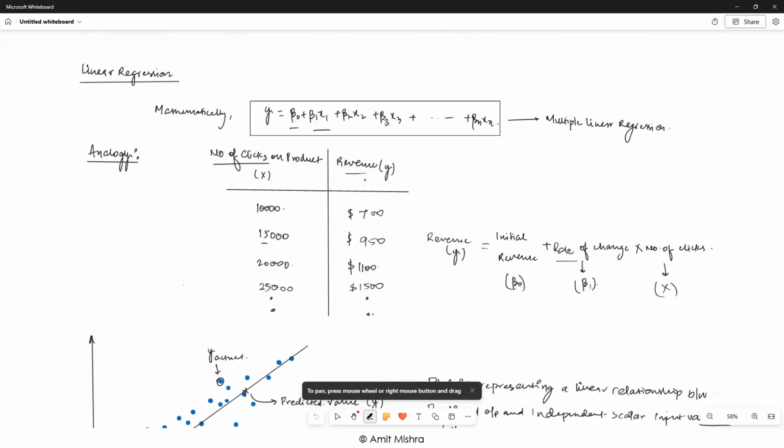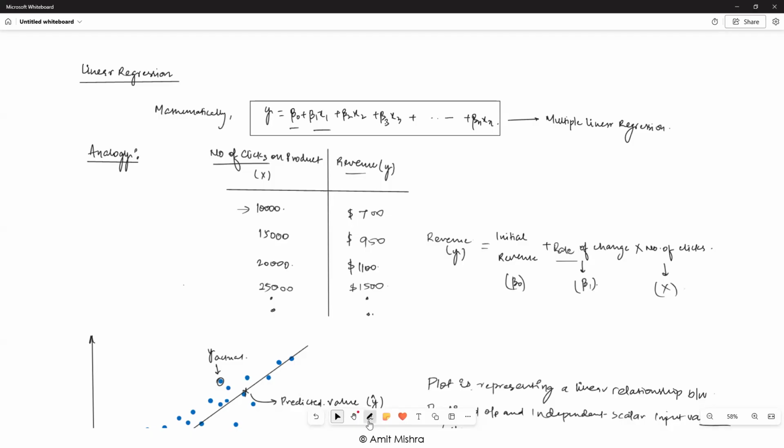Revenue is dependent on the number of clicks. Let's assume that the number of clicks is 10,000. The revenue generated is 700. When the number of clicks is 15,000, the revenue generated is 950.